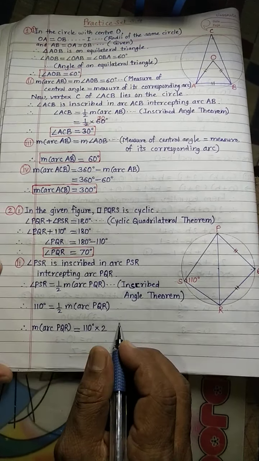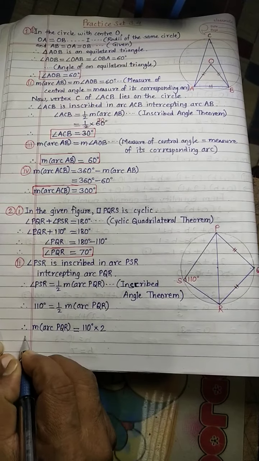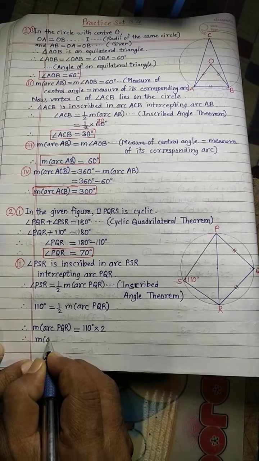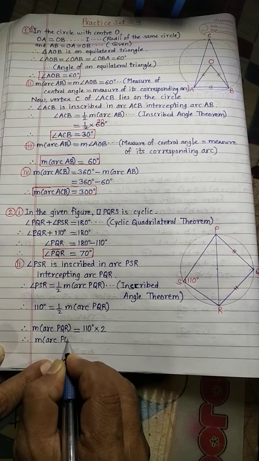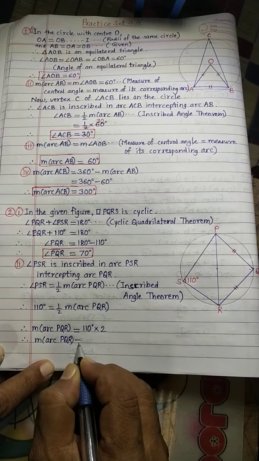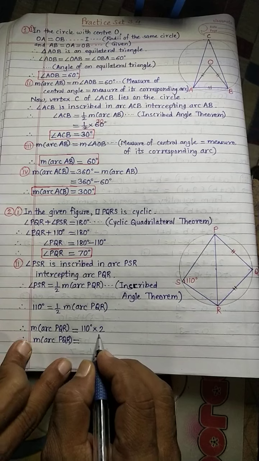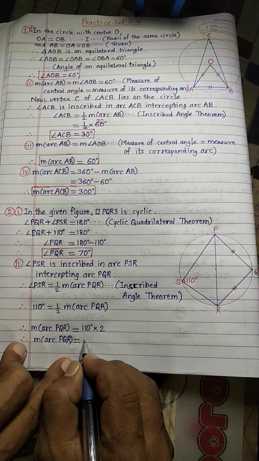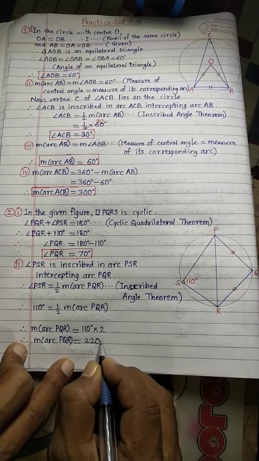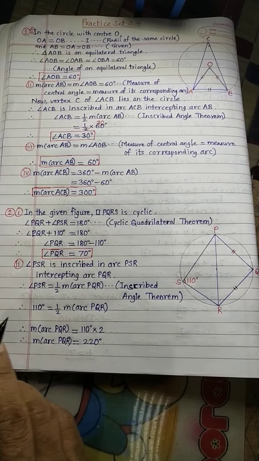So measure of arc PQR is equal to 110 multiplied by 2, which is 220 degree.